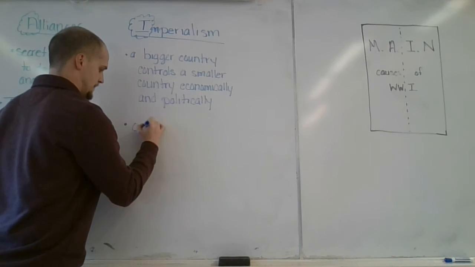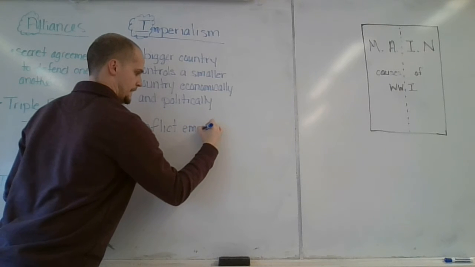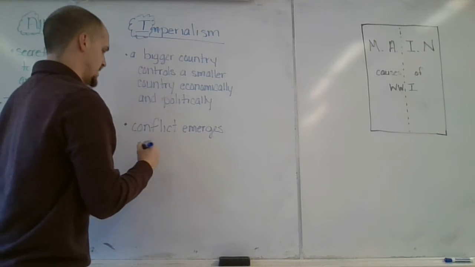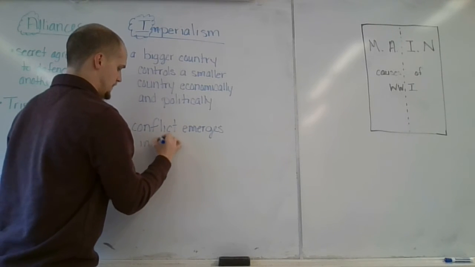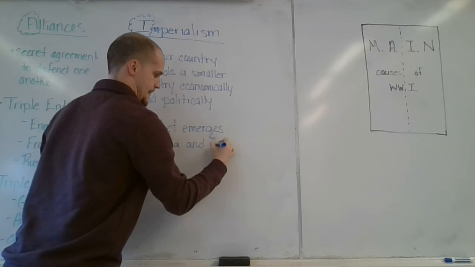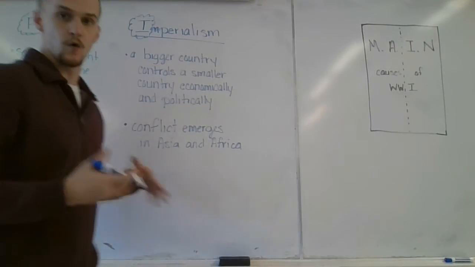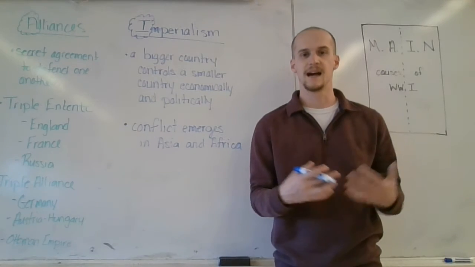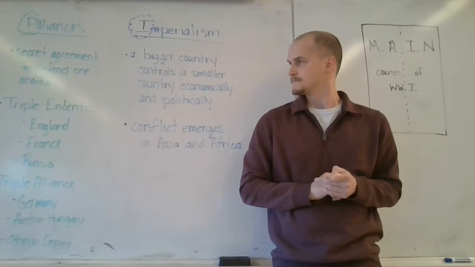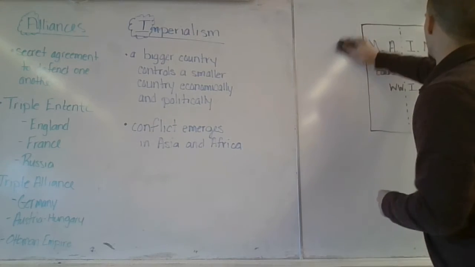Conflict emerges in two continents where imperialism is taking place, and that is in Asia and Africa. So imperialism alone is already starting some smaller wars, some smaller conflicts within specifically the Asian and African regions.